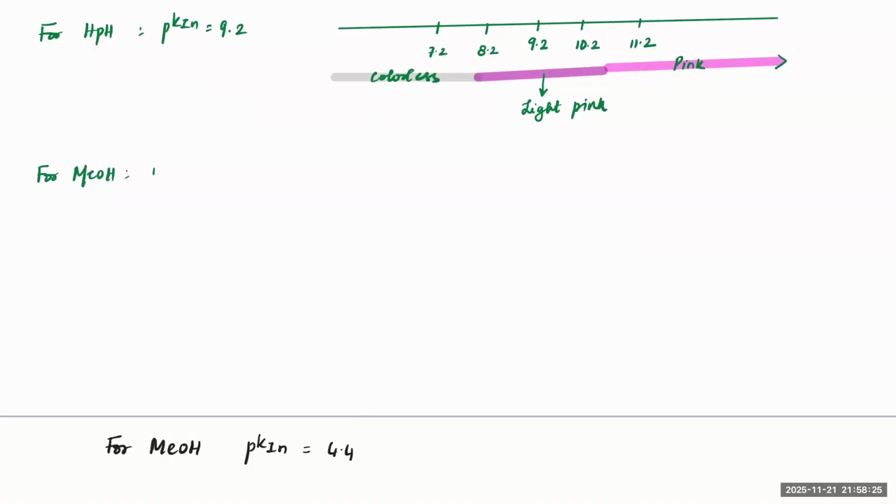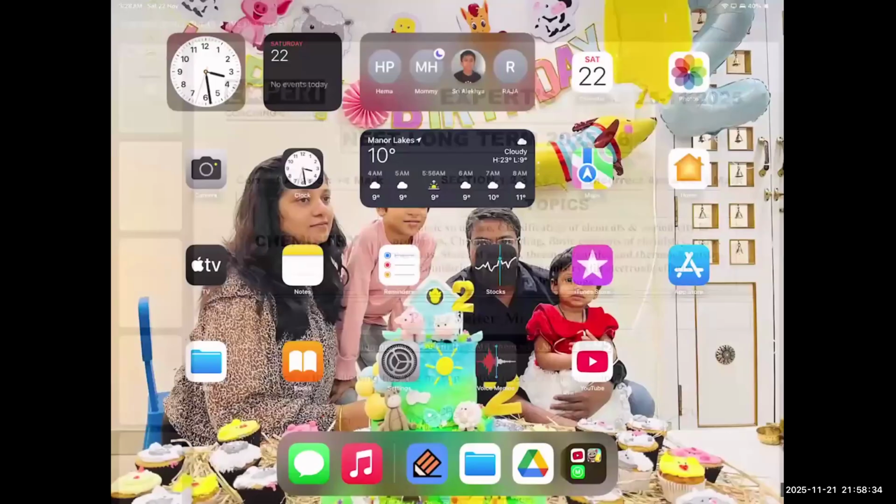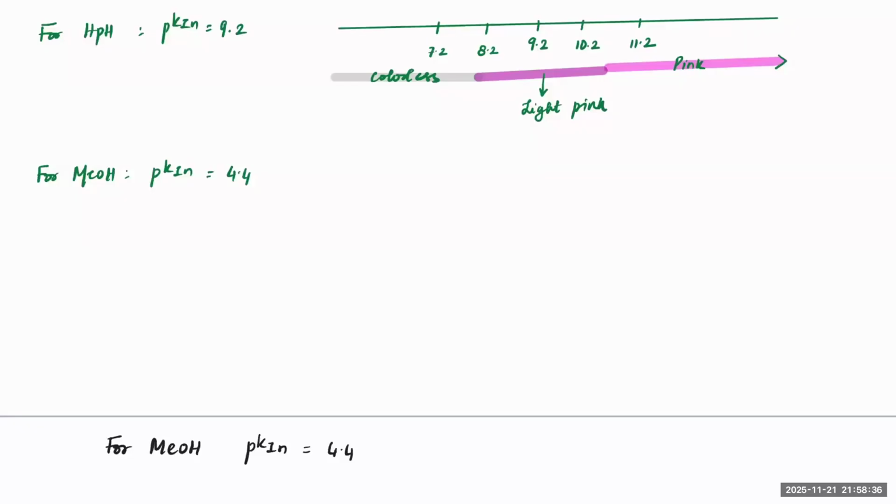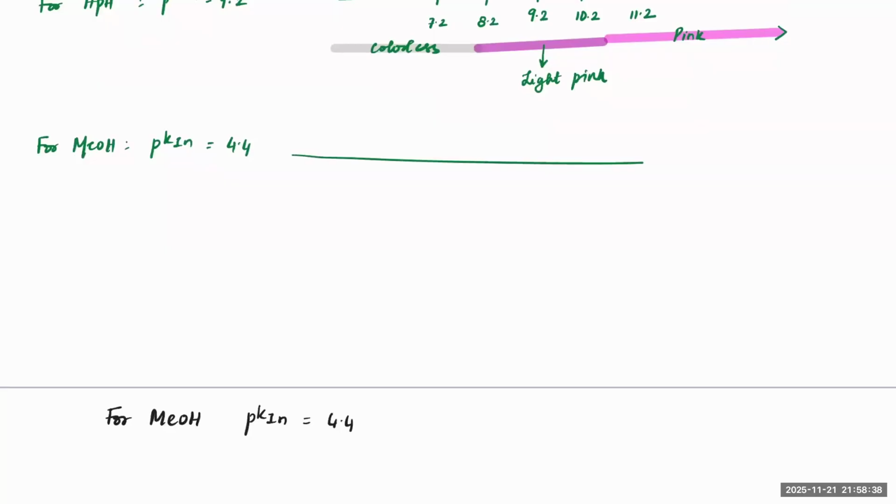Likewise, for methyl orange, the pK indicator is approximately 4.4. Now you see the color line. Let's say on this color line, this point is 4.4, and this is 5.4, and here we have 3.4 and below.